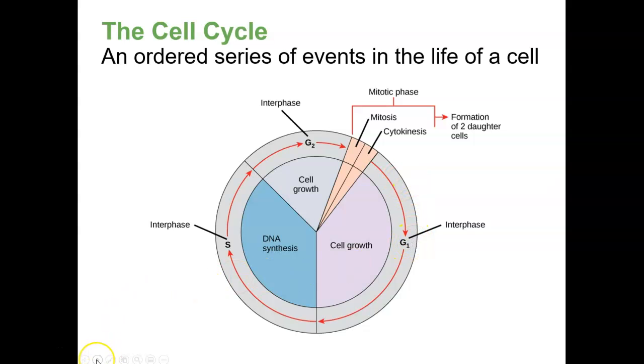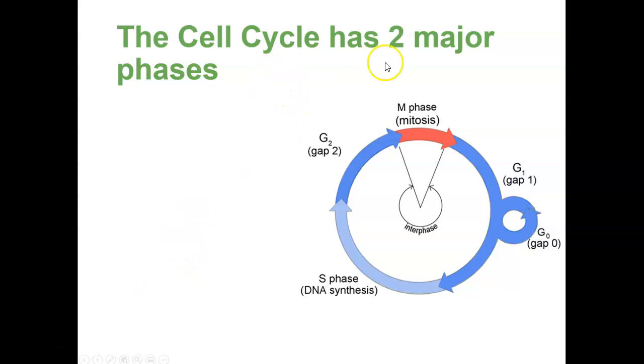So let's take a closer look at interphase first. We have two major phases. Interphase, shown here in blue, is the normal growth and preparation for the cell. The first part is called the G1 phase, or the gap phase.